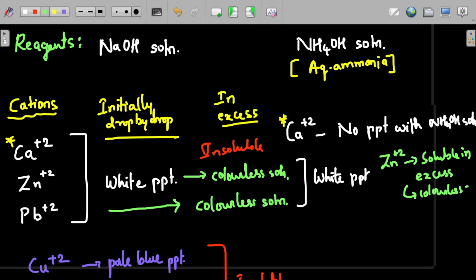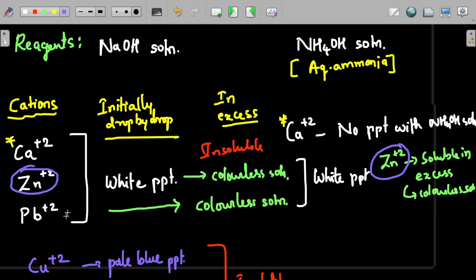So one common thing now you understand is that zinc is unique because it shows the same observation with NaOH as well as with ammonium hydroxide. Initially, you will get a white precipitate, gelatinous white PPT, which dissolves in excess of NaOH or excess of NH4OH. Therefore, a zinc substance you cannot use to distinguish between NaOH and NH4OH because it is giving you the same observation.